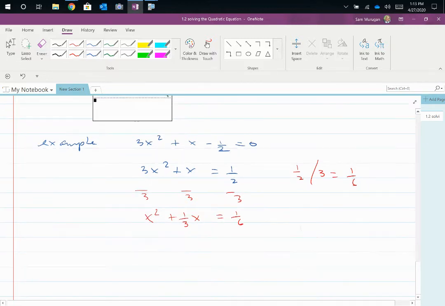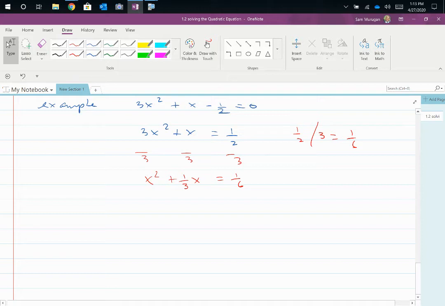Now the problem is in the format where we can employ the completing the square method. X squared, bring down the plus sign, half of 1/3 is 1 over 6, and then 1 over 6 squared is 1 over 36.